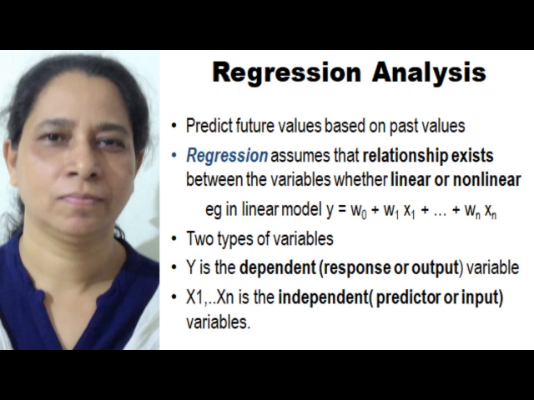Regression analysis can be used to model the relationship between one or more independent or predictor variables and a dependent or response variable. In general, the values of the predictor variables are known. The response variable is the one we want to predict.